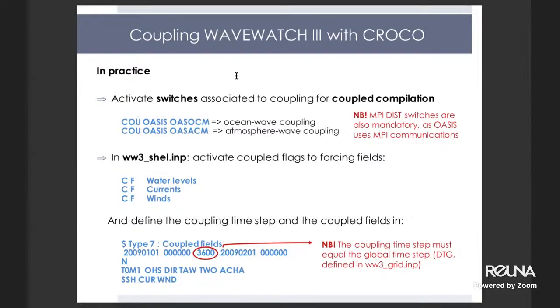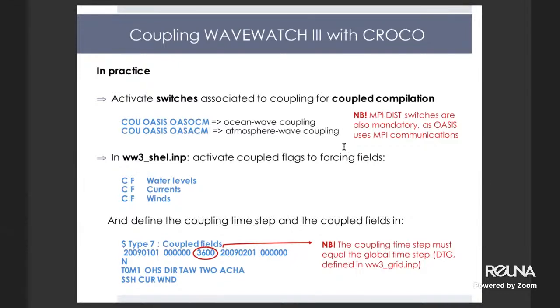They will allow the compilation in coupled mode with OASIS. And the last switch, OASOCM or OASACM, will be for coupling with ocean or with atmosphere. Also, remember that using OASIS, you need MPI, so you have to compile with MPI and distributed switches.